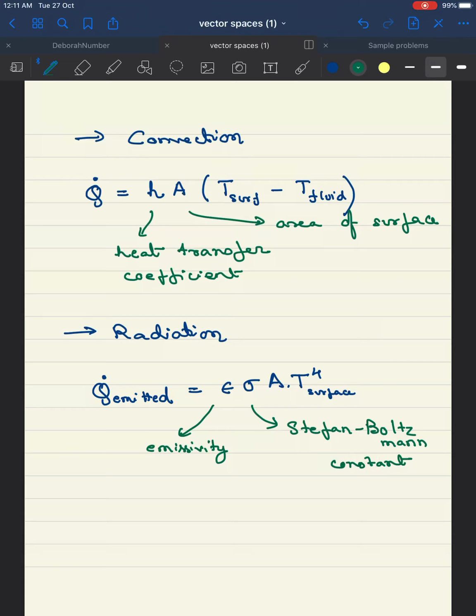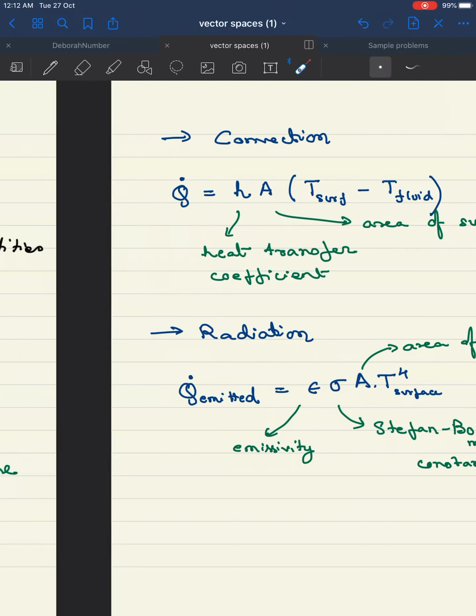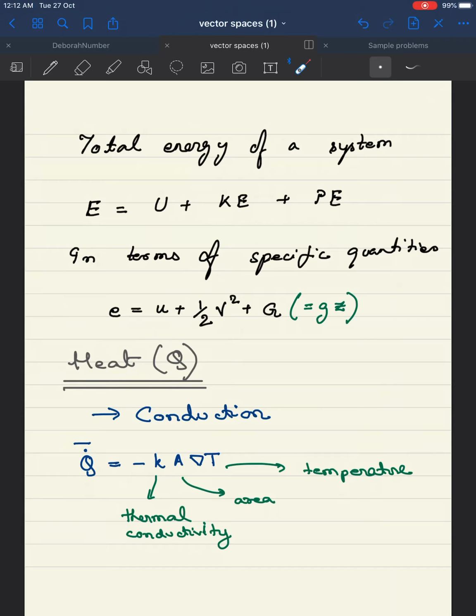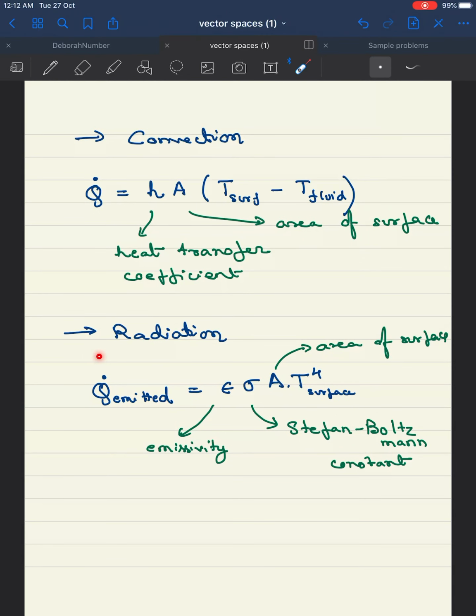its value in the SI units is of the order of 10 to the power minus 8. Okay, and A is obviously the area, once again area of the surface, and T is the temperature of the surface. Okay, with these three, heat transfer can occur only via these three mechanisms: conduction, convection, radiation.